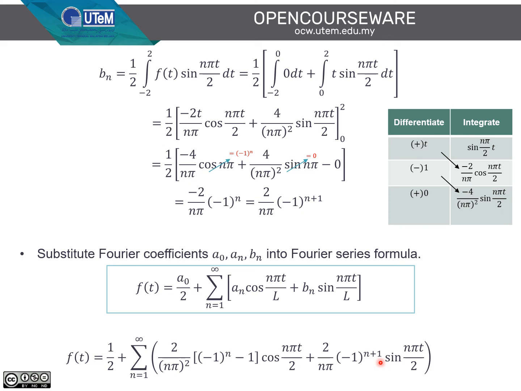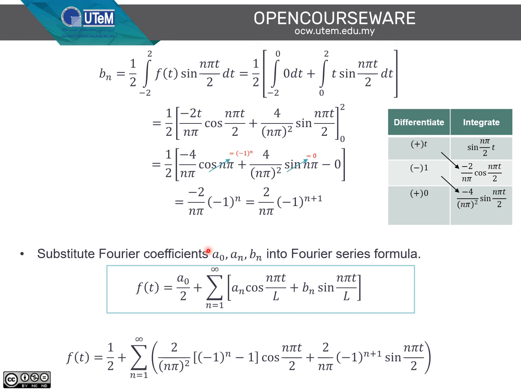So by substituting all the Fourier coefficients A0, An and Bn into the Fourier series formula, we have obtained the Fourier series of the function f(t). That is the end of the explanation for example 1.